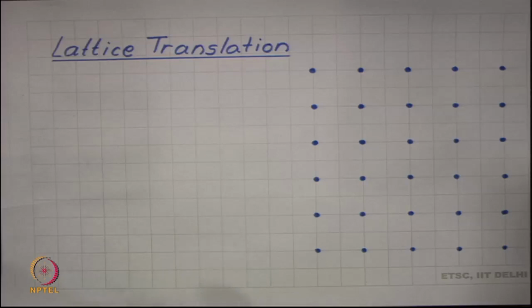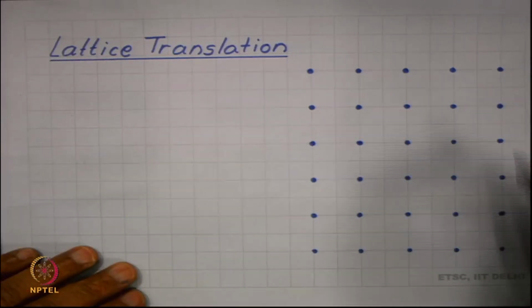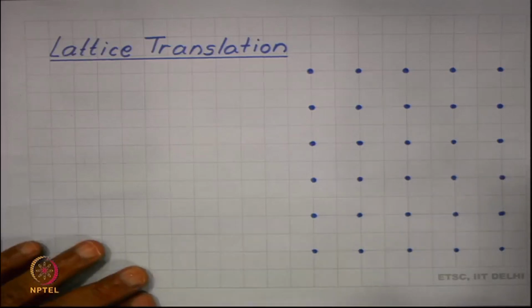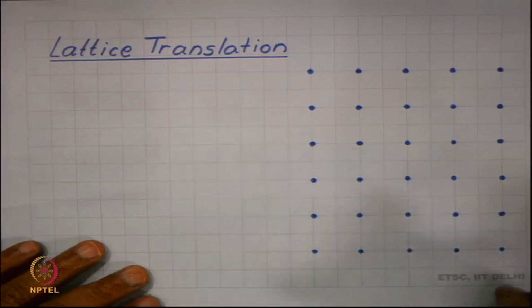We begin with lattice translation. We already have a periodic set of points which is a lattice, and I have drawn an example here, a nice simple square lattice.